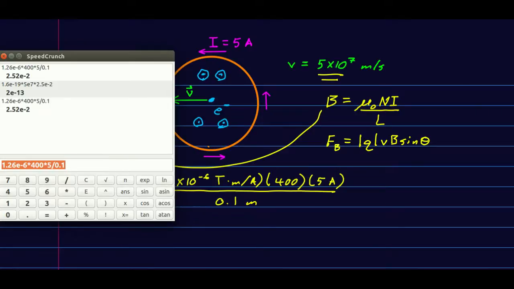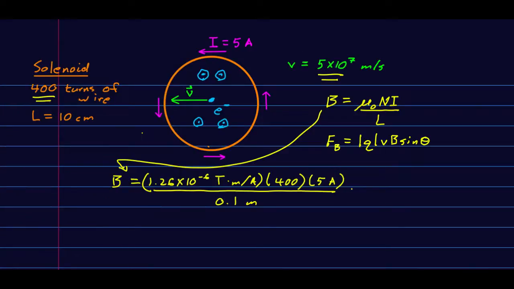And I get a field of 2.5 times 10 to the negative 2 Tesla. That's a pretty strong field, but a fairly large factor smaller than what you would get from rare earth magnets. And just check that the units work out. It is Teslas.